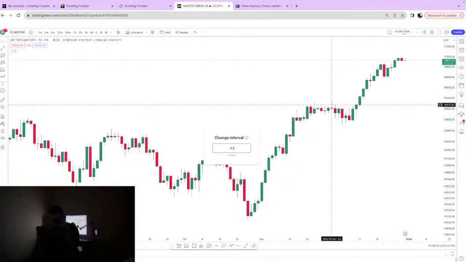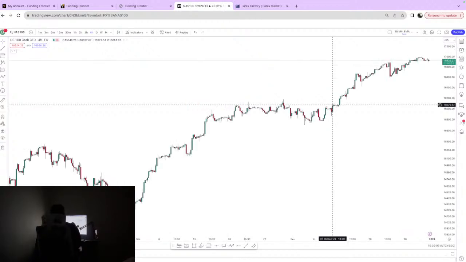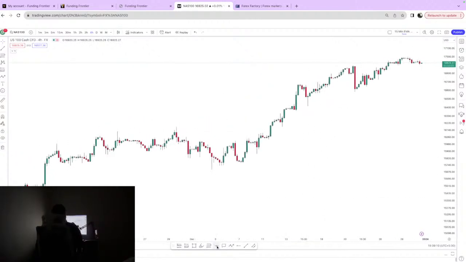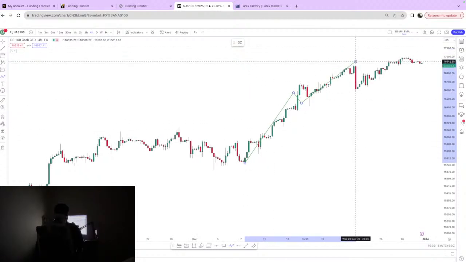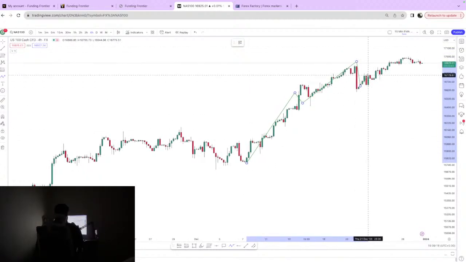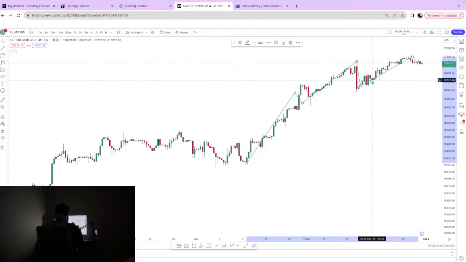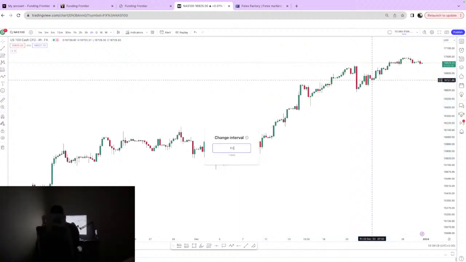Now we'll be shifting to the 4-hour time frame. Again, higher highs, higher lows, higher highs, higher lows. So the scenario is still bullish on the 4 hour. Now we'll shift to the 1 hour time frame.